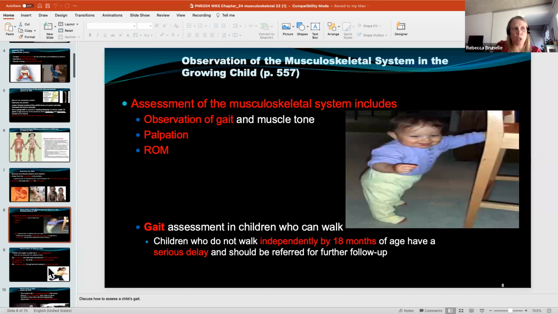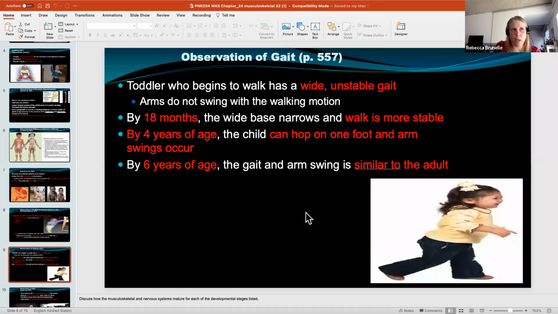Sometimes parents worry when they see their kid walking, because when kids start to walk as toddlers, they're kind of short and squatty and low to the ground, and they can kind of waddle back and forth. So that's normal. That's just their body shape when they're that age. So you don't really expect them to be walking with one foot in front of the other and swinging their arms until they're 6, but they can start hopping when they're 4.